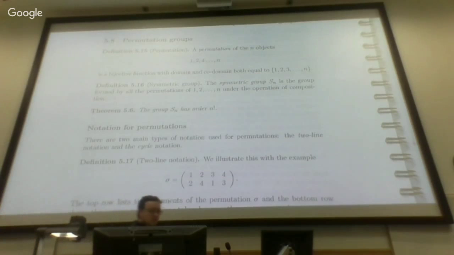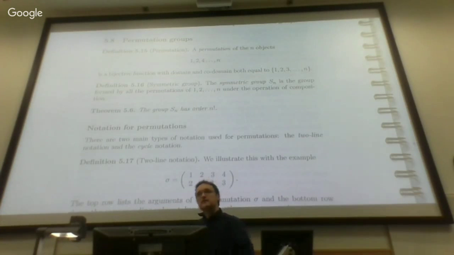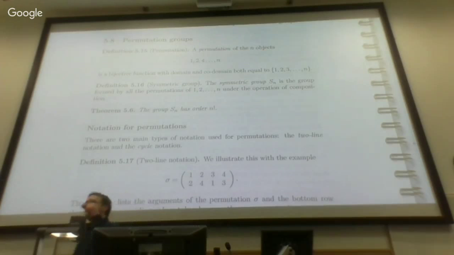A permutation group is something which is naturally associated to a subject in mathematics called combinatorics. Combinatorics is part of what you might call discrete mathematics, and as the name suggests, it studies the possibilities of combinations of objects in a very general sense.